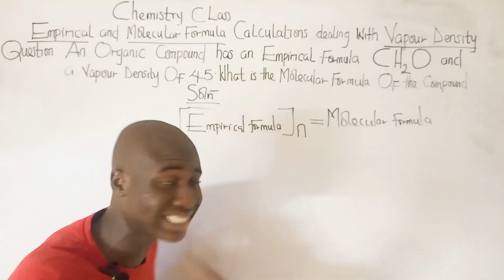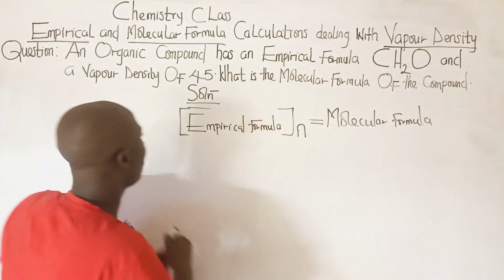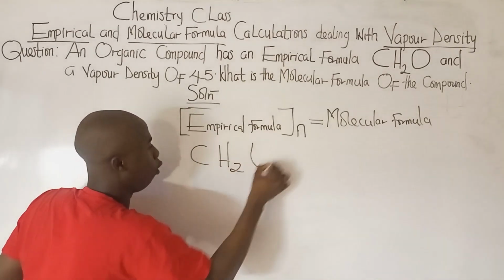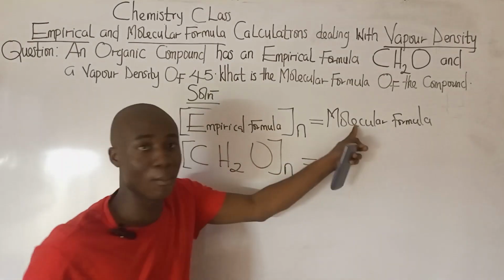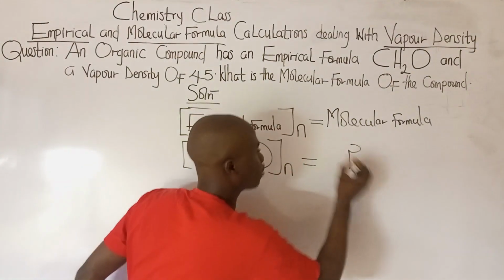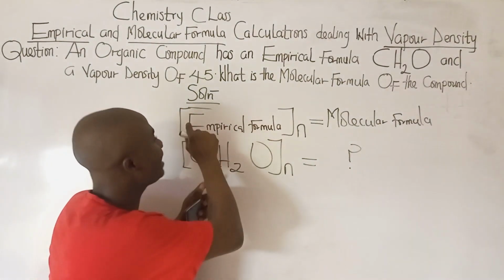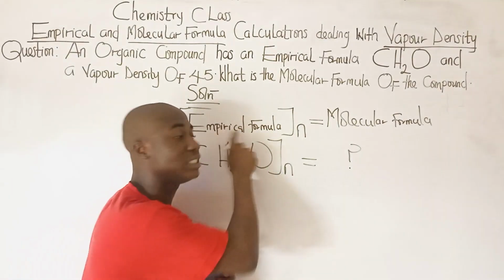The next thing we have to do is go to the question and bring out the empirical formula. What's the empirical formula in the question? CH2O. You can see how it works. So N is what we are trying to determine as stated by the question. Moving further, I'm going to change how this expression is written.